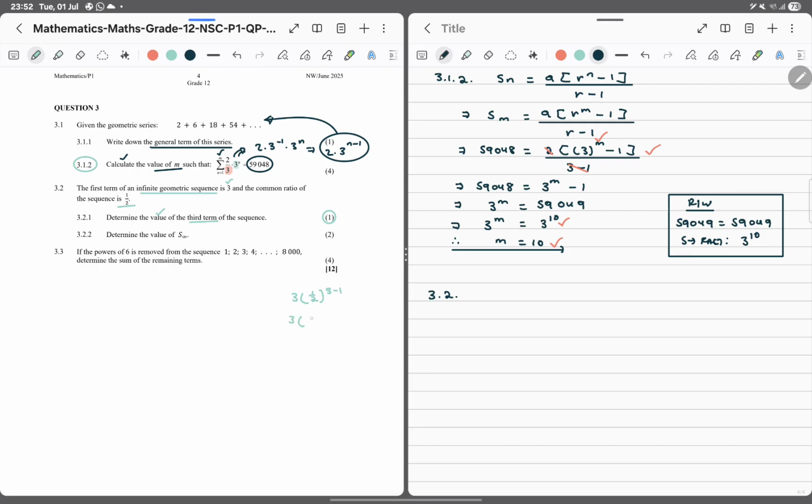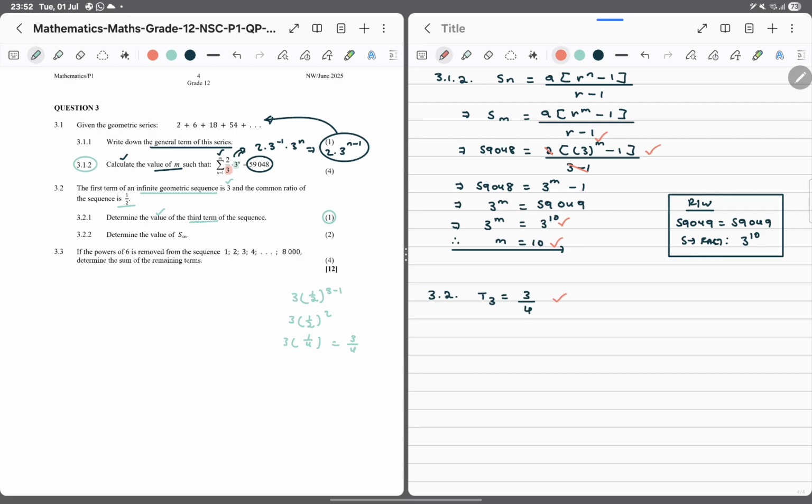So this is 3 into a half squared. This is 3 into 1 over 4, which becomes 3/4. So we can just say T3 is basically 3/4.